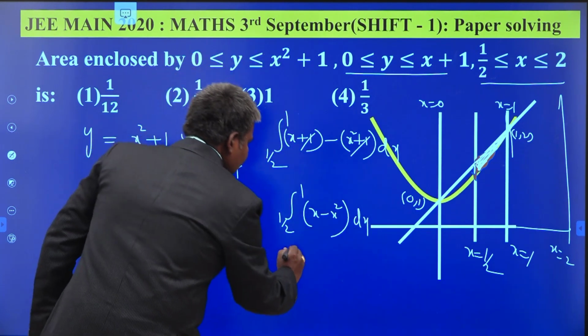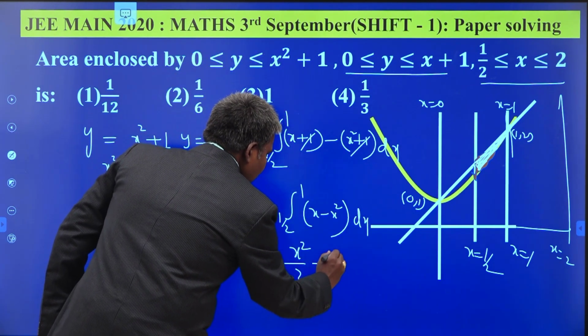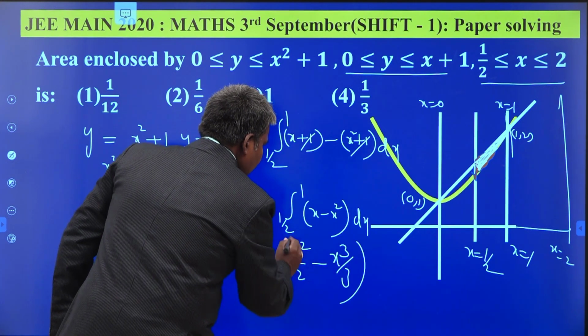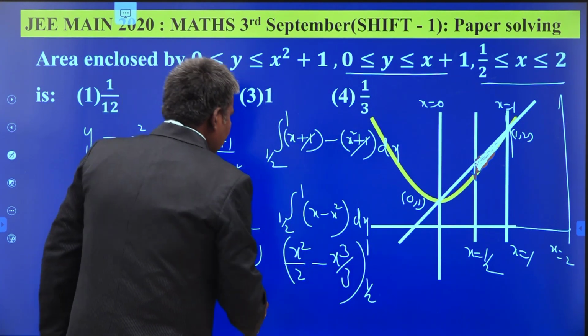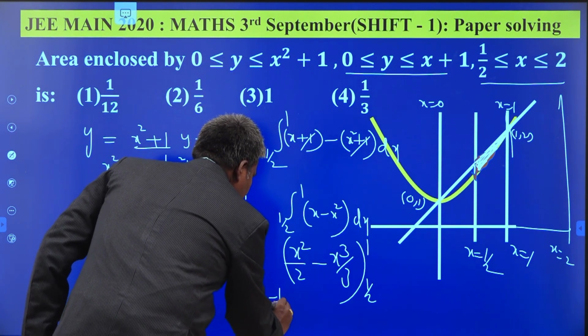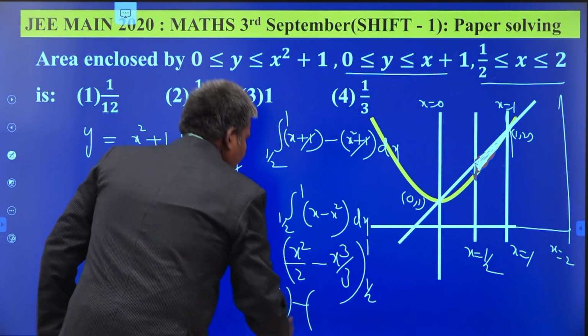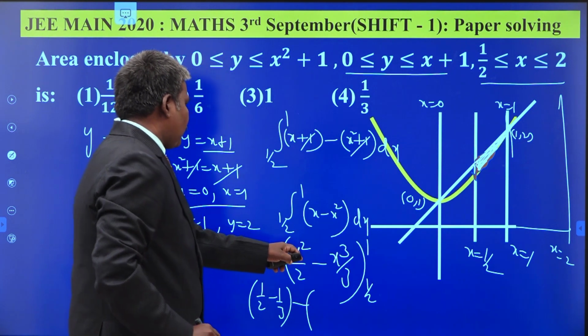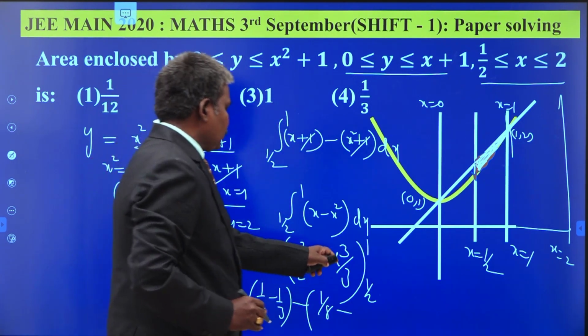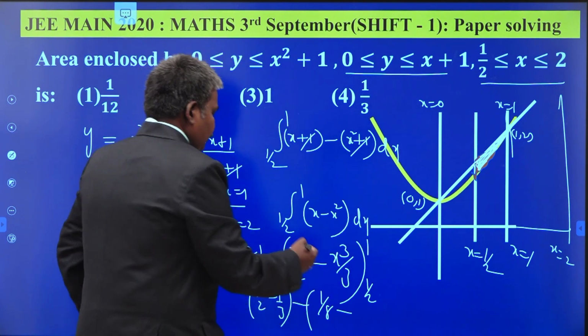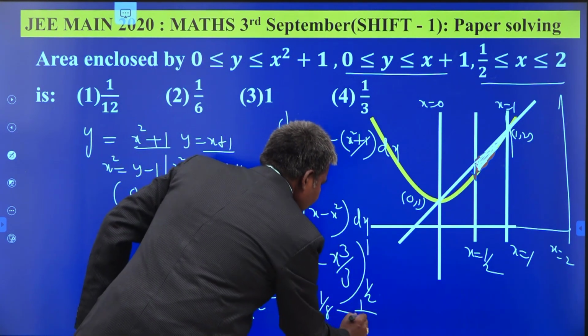The integration of x is x²/2 minus x³/3, limits from 1/2 to 1. By substituting 1 here, 1/2 minus 1/3, minus of (1/2)², 1/4 by 2, 1/8, minus 1/(8×3), that is 24.